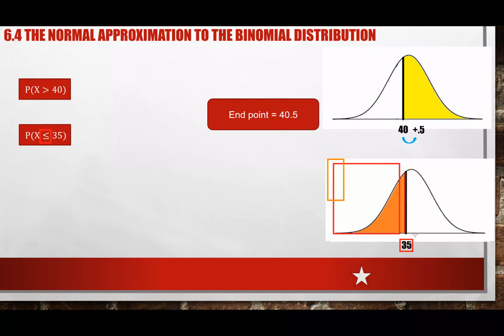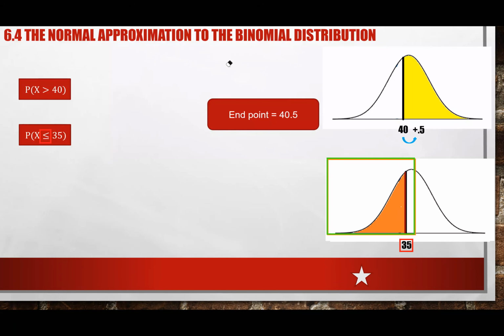Well, let me use a different one. Do I use the red box or the green box? If I want to include the 35, that's what you ask yourself. If I use the red box, it does not include the 35 in it, right? I want to include the 35, meaning I have to make this thing bigger.